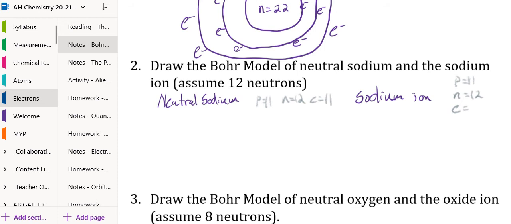The sodium ion, if we find it on our periodic table, what's going to happen to it when it forms an ion? It's going to lose one electron. So how many electrons will it have? 10. How did I know it was going to lose one electron?